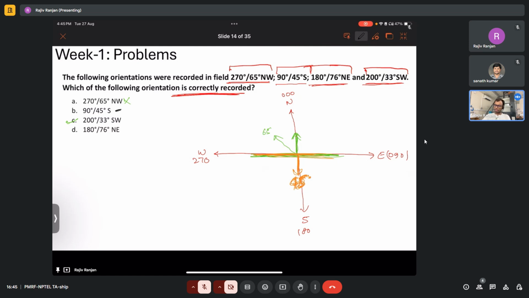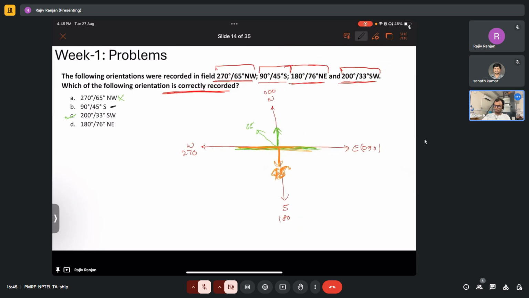Option C is 200 degree, so it will lie somewhere like this, and 30 degree southwest. What do you think, is this correct? It's not correct, right?